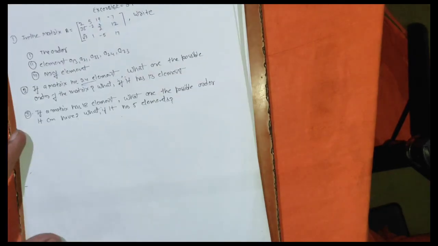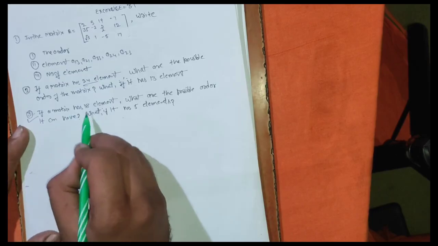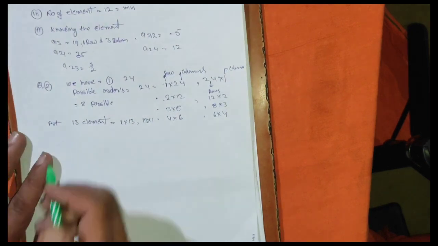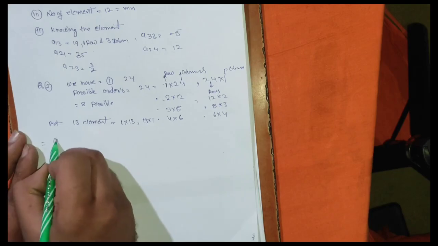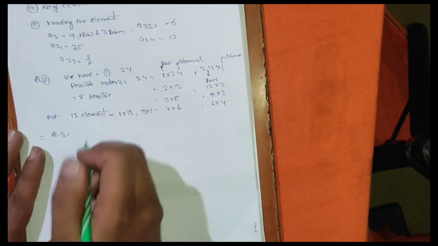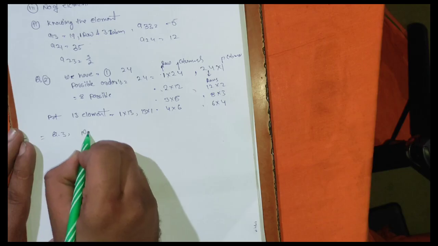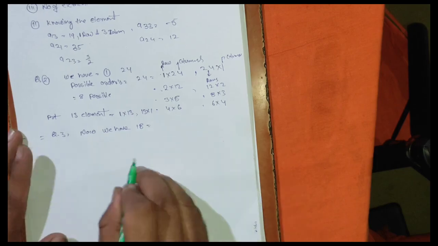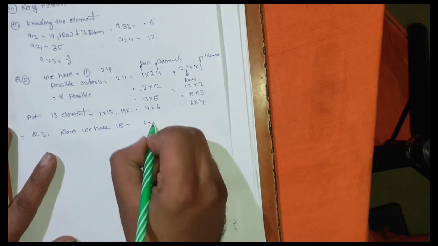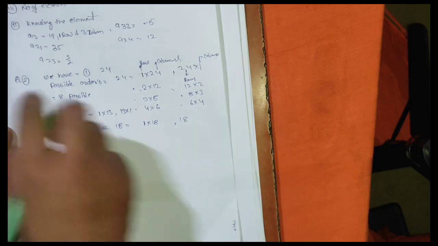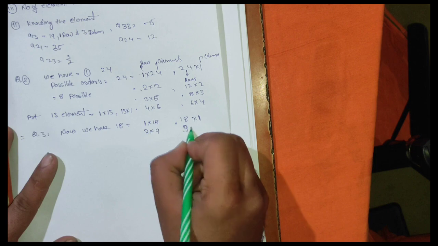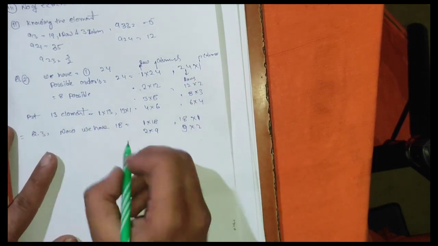Okay, and question number 3 is similar: if a matrix has 18 elements, what are the possible orders it can have? What if it has 5 elements? For 18 elements, the possible orders are 1 by 18 and 18 by 1, 2 by 9 and 9 by 2, meaning 9 rows and 2 columns.